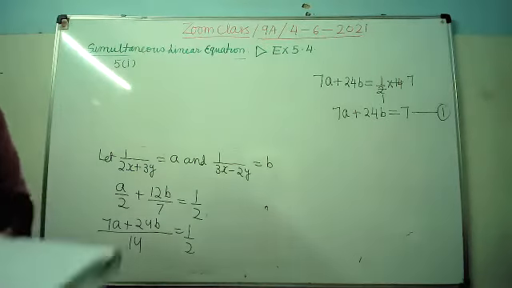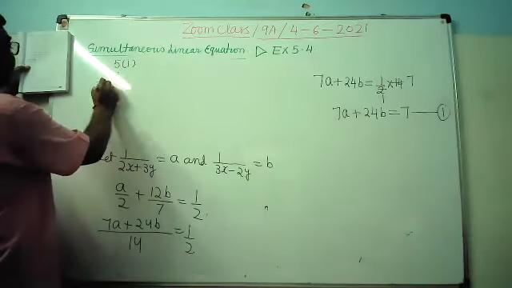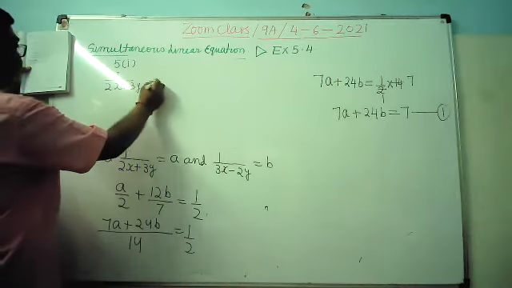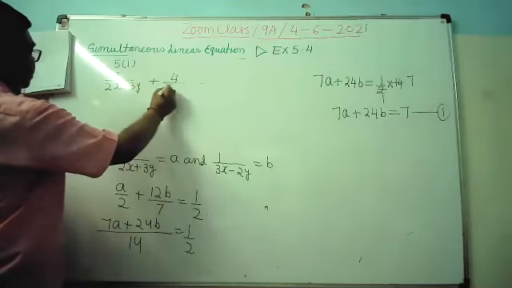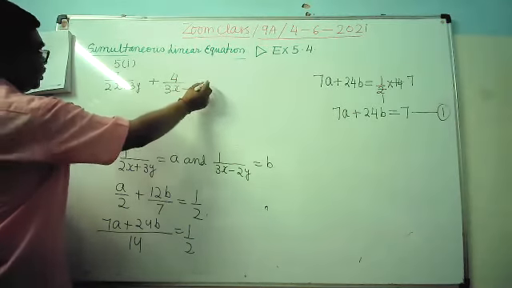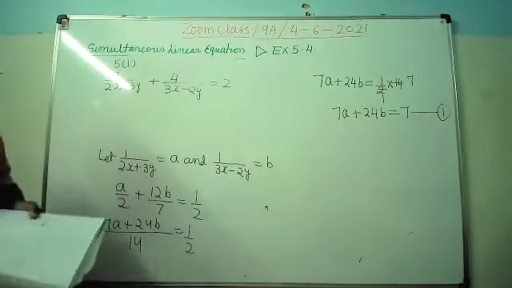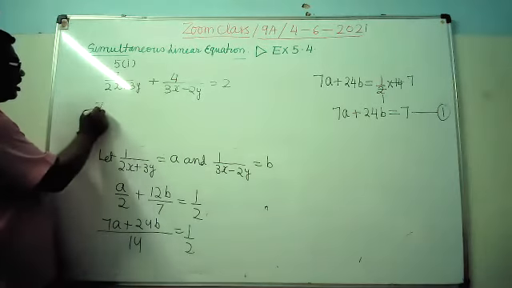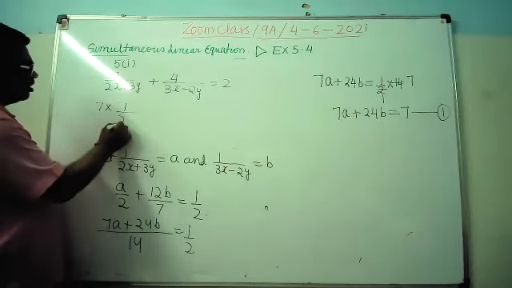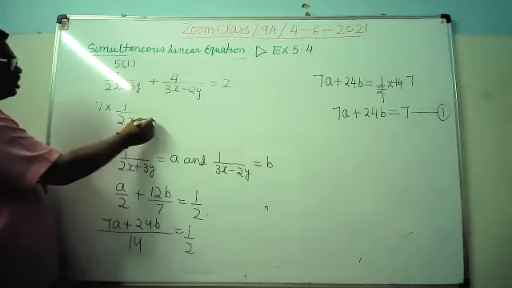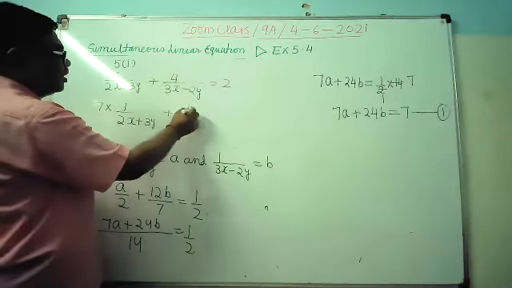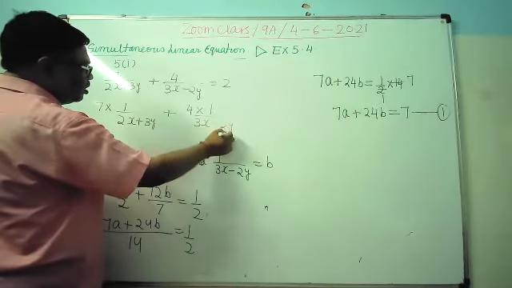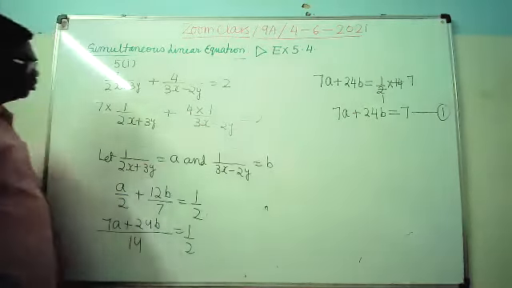Second equation is 7 upon 2x plus 3y plus 4 upon 3x minus 2y equals to 2. So this you can write as 7 into 1 upon 2x plus 3y plus 4 into 1 upon 3x minus 2y equals to 2.